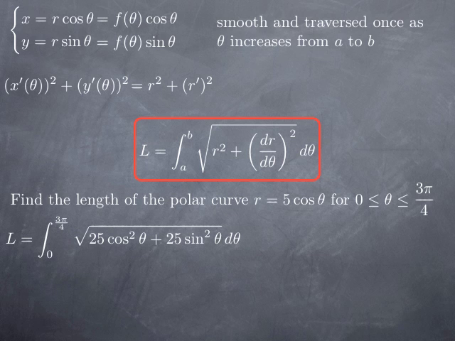Factoring 25, we get 25 times cosine square plus sine square, which is 1. So we end up with only square root of 25, which is 5. So we just have the integral from 0 to 3 pi over 4 of 5 with respect to theta. So that's 5 multiplied by theta evaluated between 3 pi over 4 and 0. In other words, 5 times 3 pi over 4, which is 15 pi over 4.